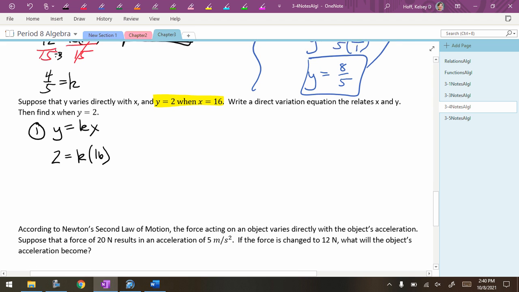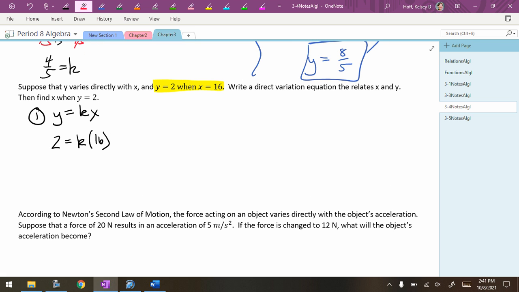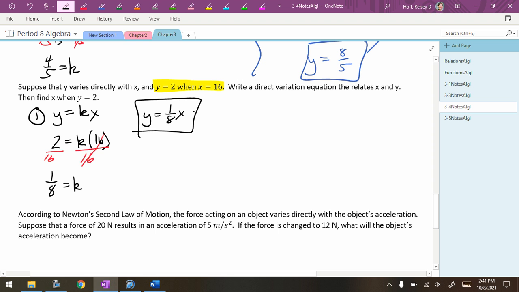I'm really trying to solve for k, so I should divide by 16. What does k equal? 1/8. Is that my answer? No. What is my answer? Y equals 1/8 x. Because it says write a direct variation equation, so you know you're going to have an equal sign.